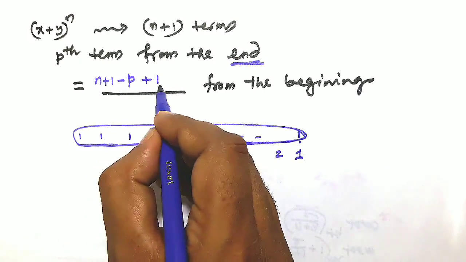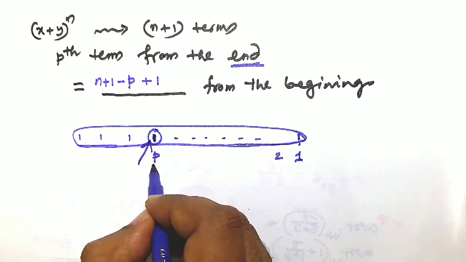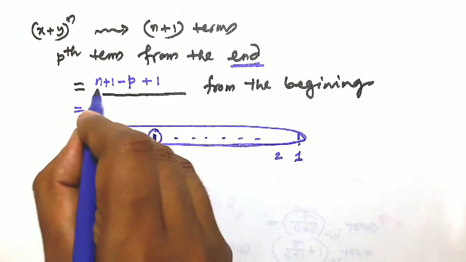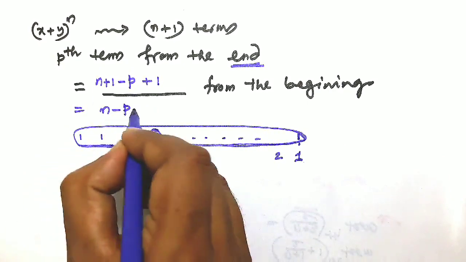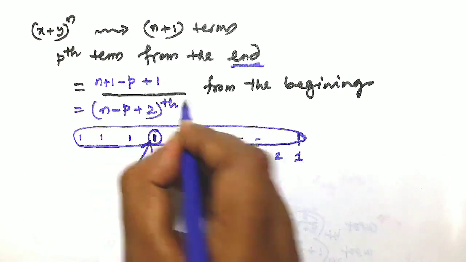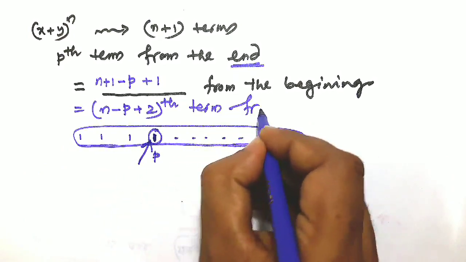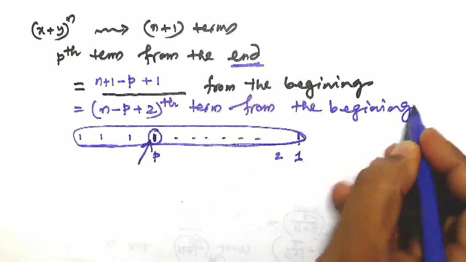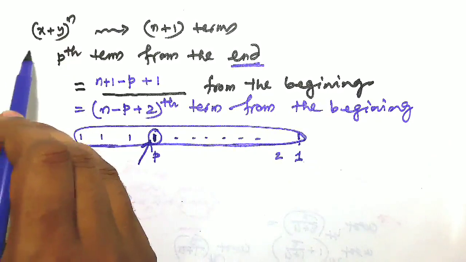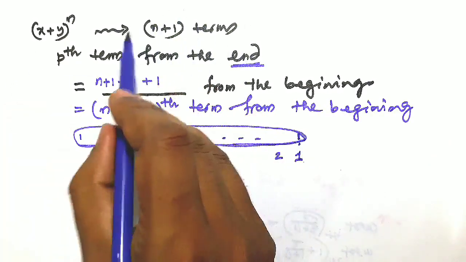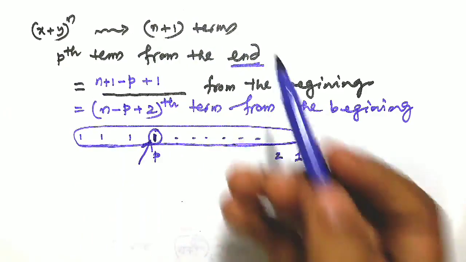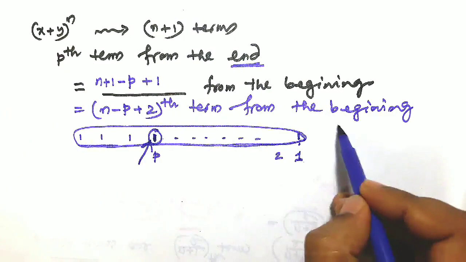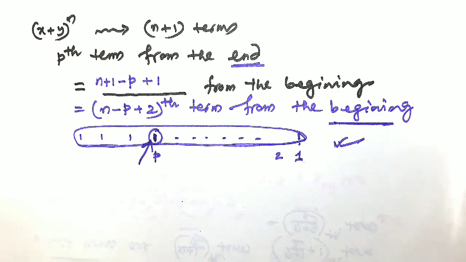So we have added 1 again, which means we have included the pth term from the last. So this is the (n - p + 2)th term from the beginning. Again I repeat, (x + y)^n has a total of n + 1 terms in the expansion, and the pth term from the end will be the (n - p + 2)th term from the beginning. Thank you. Have a nice day.